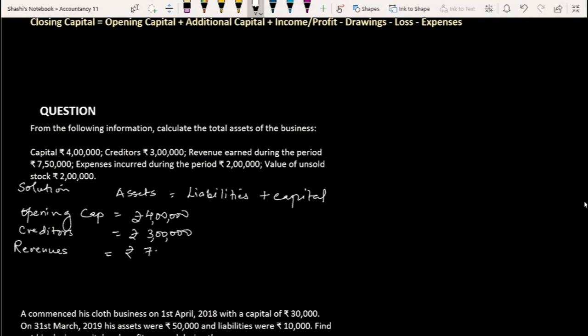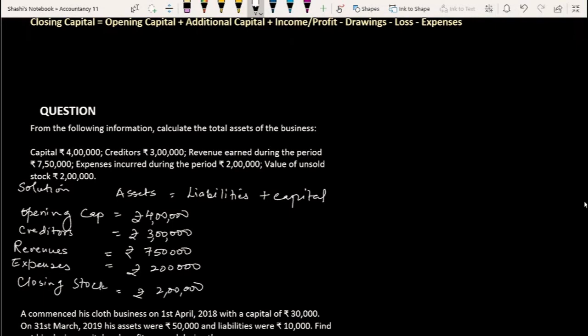These are given as 7 lakh 50,000. And then what else do you have? Expenses are there. Again, these are to be deducted during the year, rupees 2 lakh. Also, closing stock is given, which is rupees 2 lakh.